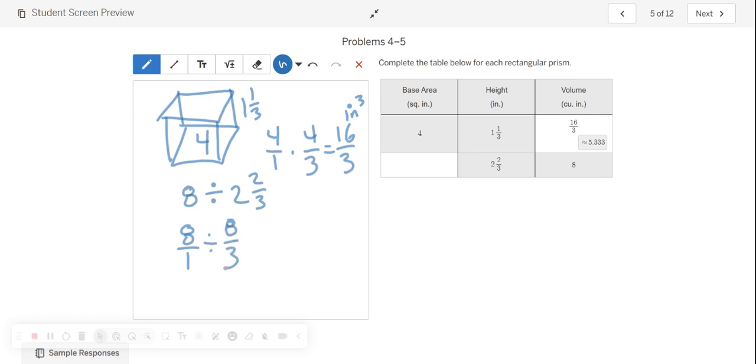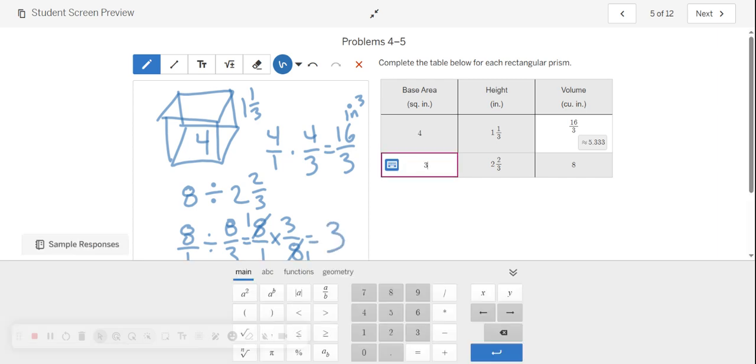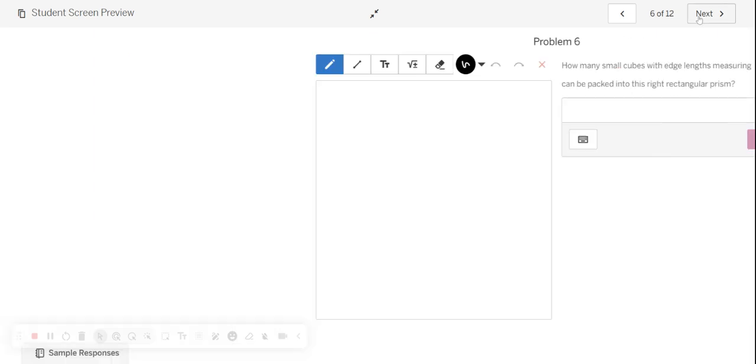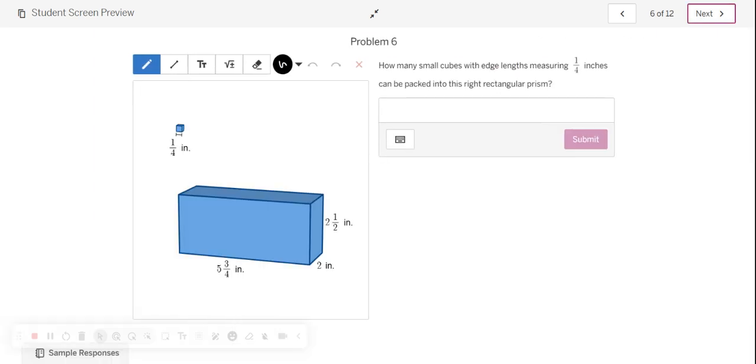That doesn't really work out right, so I'm going to take a look at the right hand side. I'm going to flip it over and then multiply, and then really everything drops away. The 8 over 8 becomes a 1 and a 1. I end up with just 3 square inches, because it's the area of the base. Again, area of the base times the height, we're good to go.